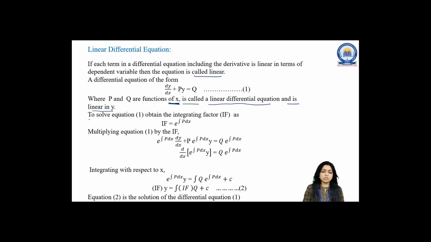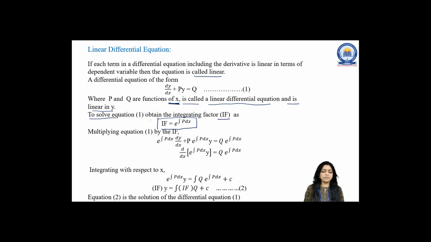Now, to solve this linear differential equation, first we have to obtain the integrating factor, and the particular formula is e raised to integral of P dx. By multiplying equation 1 by the integrating factor, our new differential equation is d by dx of (e raised to integral of P dx into y) equal to Q into e raised to integral of P dx.